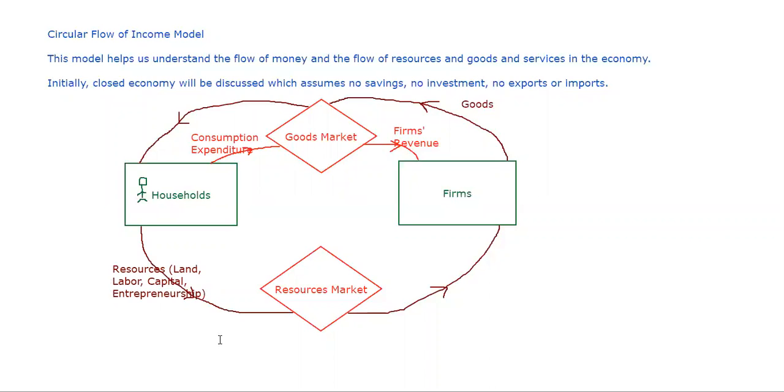So what we say is that the land, the labor, the capital, and the entrepreneurship is actually owned by the households, which is used by the firms via the resources market. And the firms do that by paying money for it. So the money flows in the reverse fashion, where the firms will have to pay the households for the resources that the firms use.